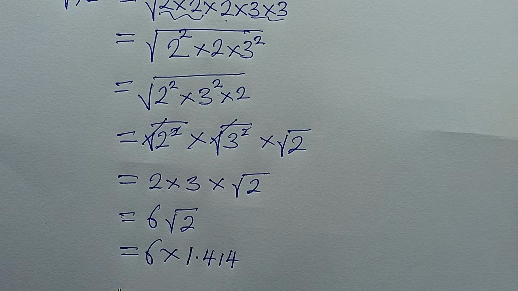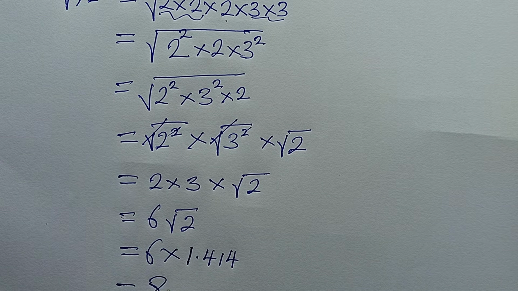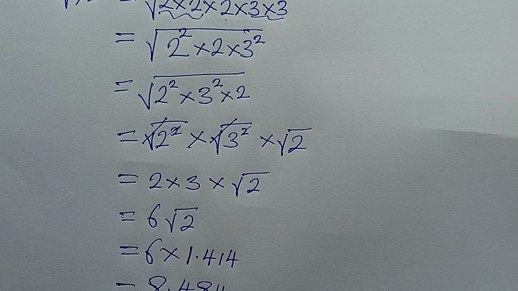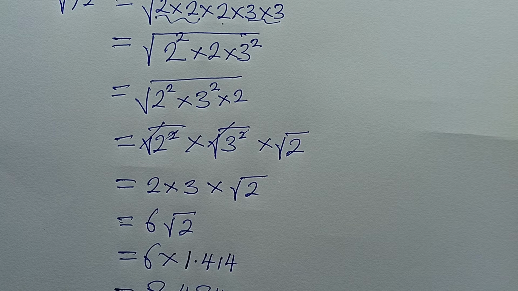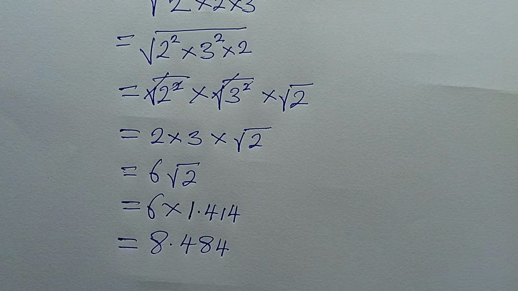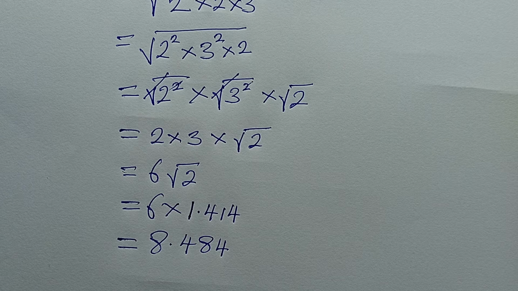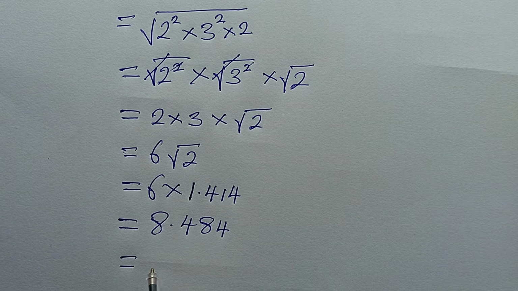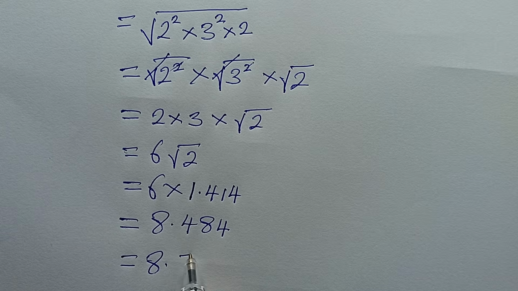If we multiply this, we end up with 8.484, right? Good. Now with this answer, if we decide to take this figure to 1 decimal place, this is going to give us 8.5 approximately.